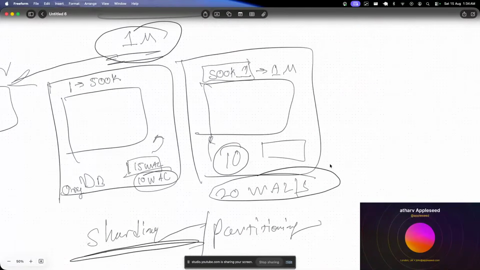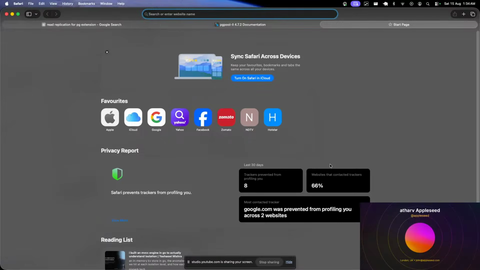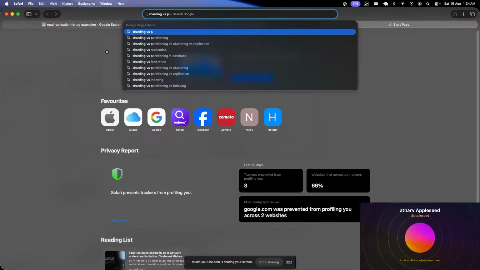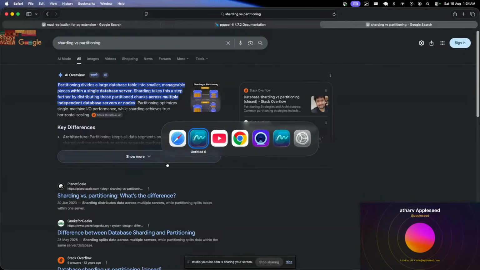If we go to the internet, sharding versus partitioning: partitioning divides the large database into small pieces within a single database server. Sharding takes this a step further by dividing those partition chunks across individual database servers.